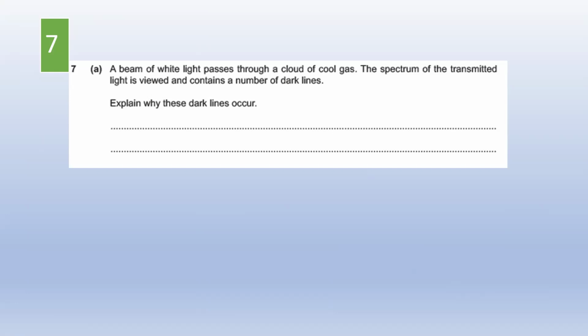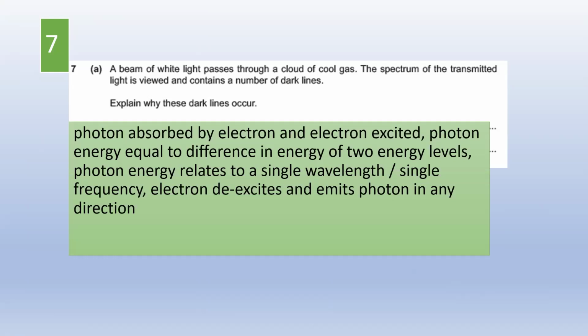That's why the photon is missing. Photon absorbed by electron, electron excited, photon energy equals the difference in energy of the two energy levels. Photon relates to a single wavelength or single frequency. Electron de-excites and emits a photon in any direction.